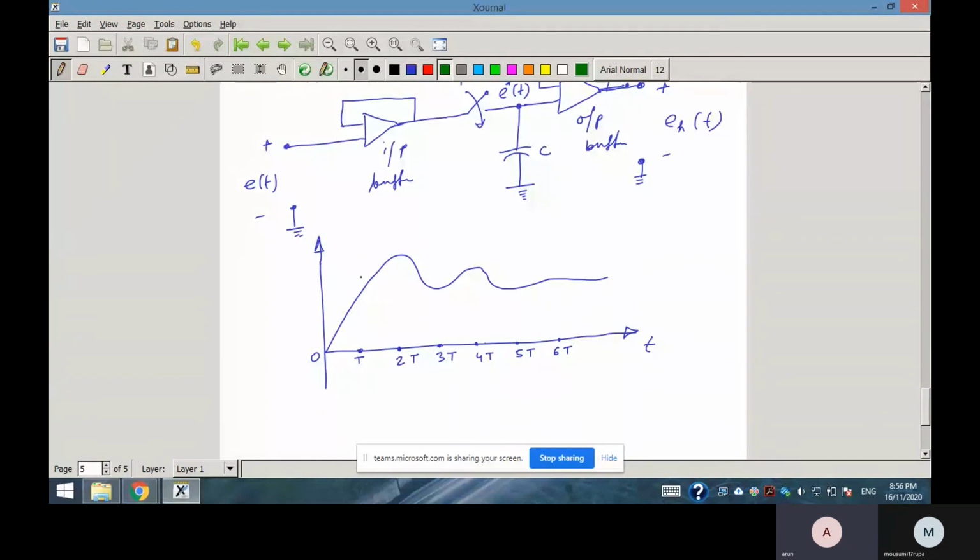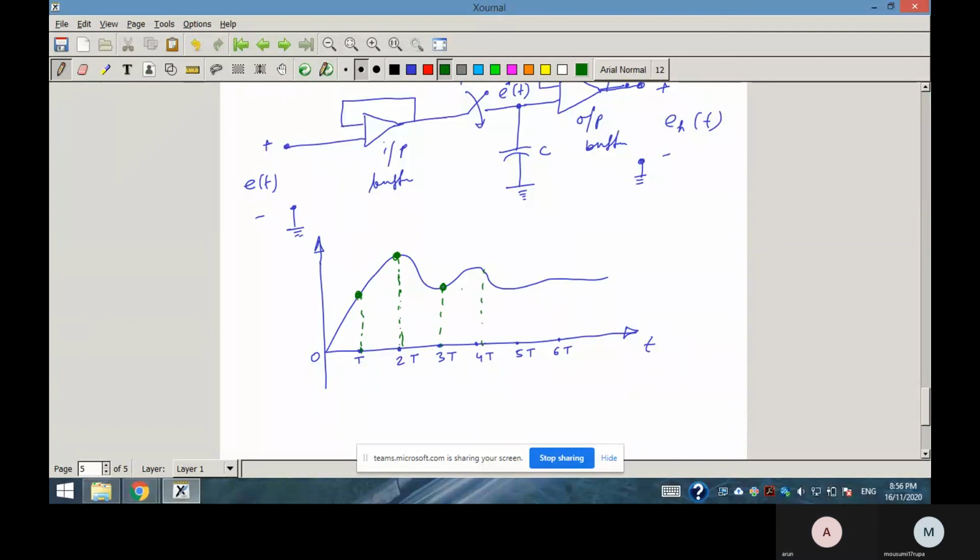So what will be your e*(t)? This is your e*(t), these values, this dot. At 2T, e*(t) will give you this value. Similarly at 3T, what will be the star value? This one.